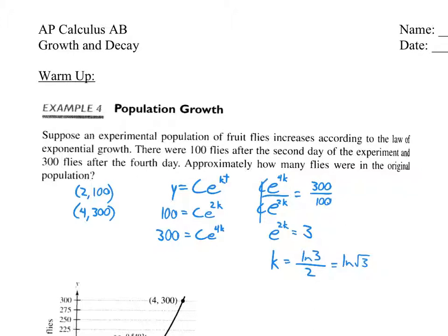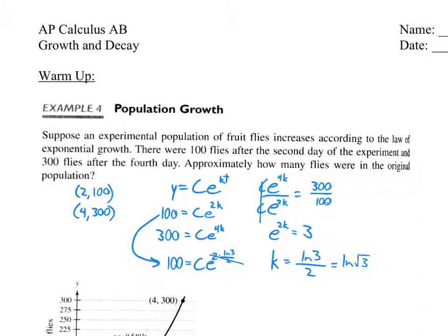Now we can back substitute. If I do it into this one here, I have 100 equals C times e to the 2 times (ln 3 over 2) power.